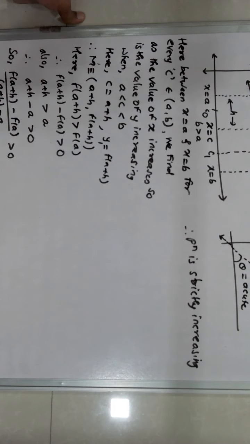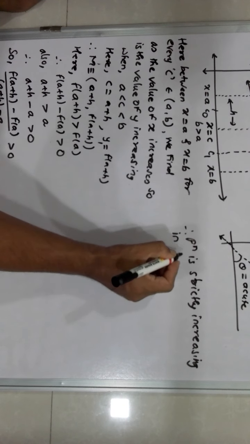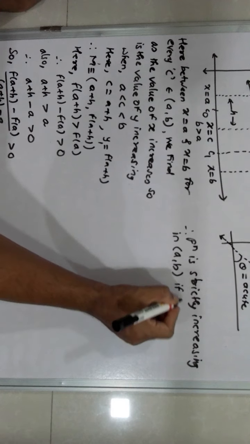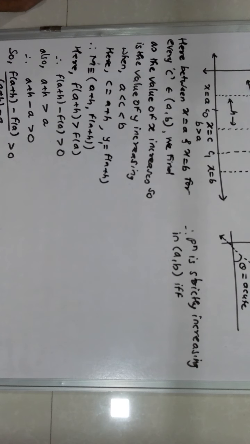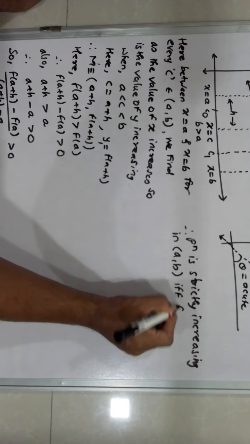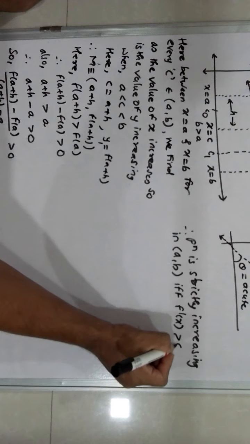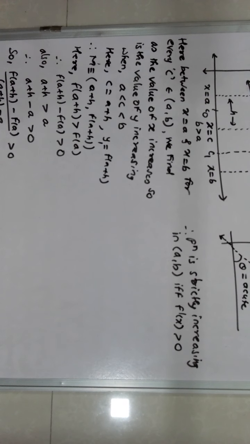The function is said to be strictly increasing in the open interval of A and B, if and only if the slope, that is f dash x, is always positive. Okay, it is always positive.